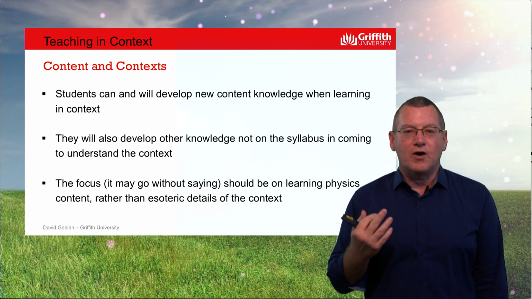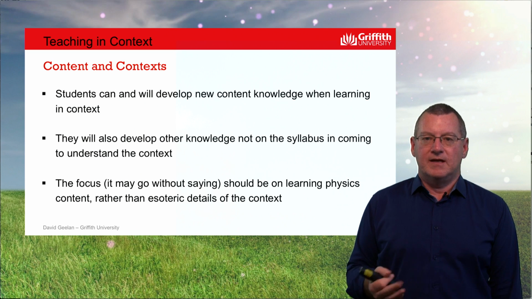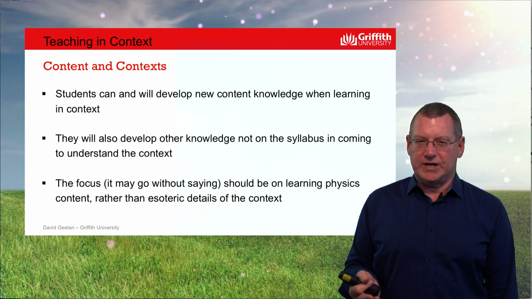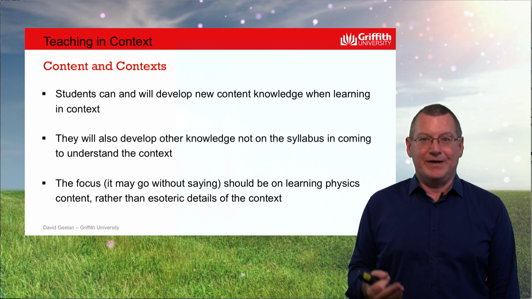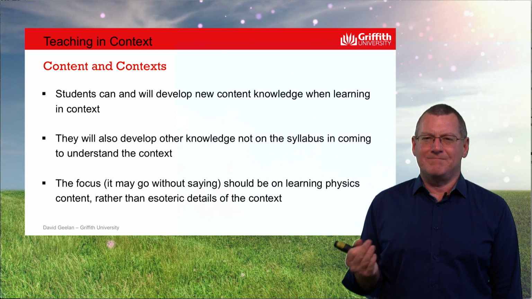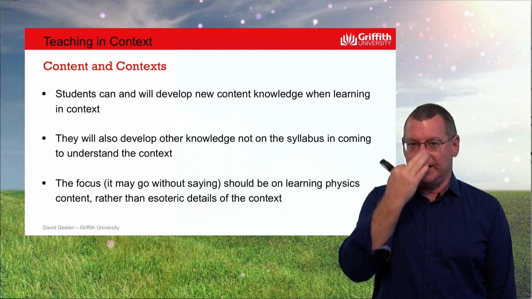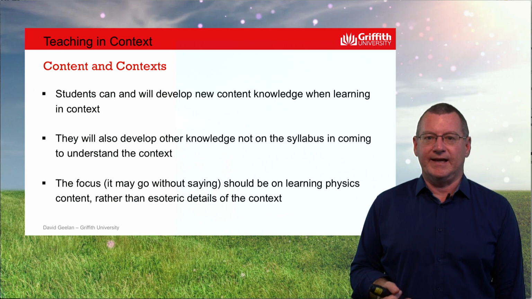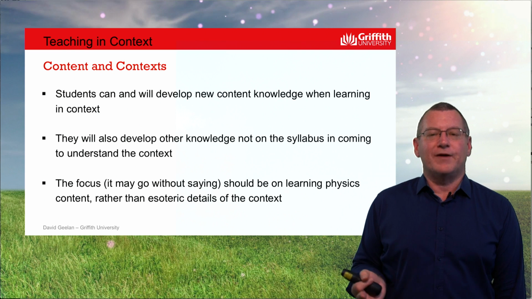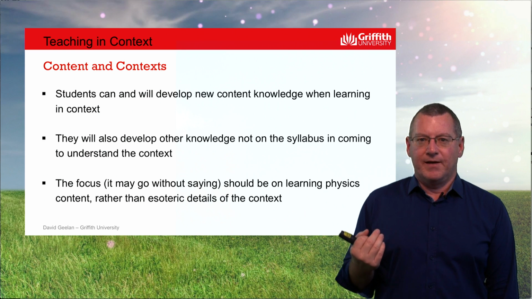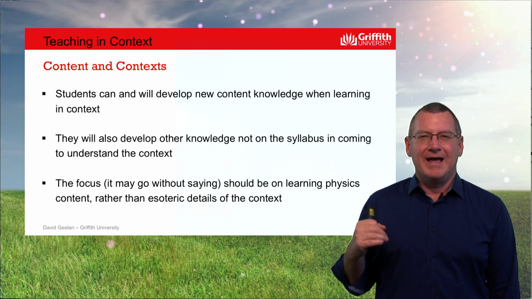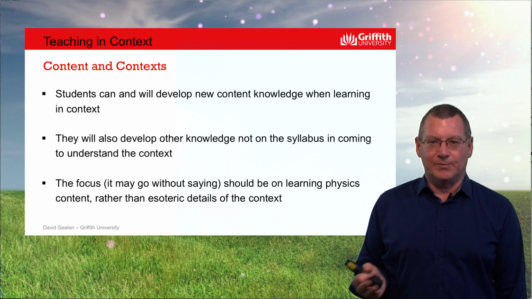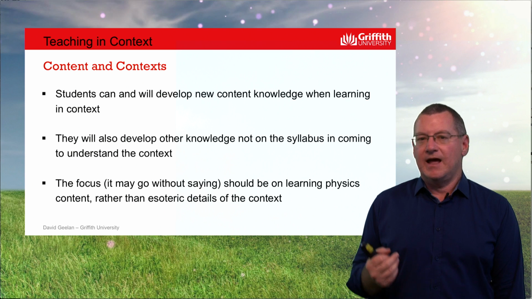On the other hand, for learning in context, so your amusement park physics, which as I might have mentioned already, I think is very often used because it has nice motivational effects, but maybe not such an effective learning experience. Depends how it's used, like everything. Or whatever other context you use. Formula One tires and why they're slick rather than bald, or a huge variety of other possible contexts that we can use in physics.